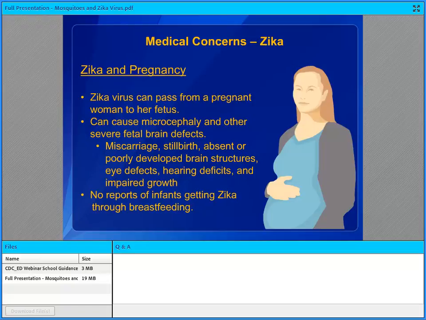Other ramifications of Zika during pregnancy are miscarriage, stillbirths, eye defects in children, as well as hearing defects and developmental and physical growth impairment. There are no reports, it's important to note, of Zika being passed through breast milk, and no child has been infected with Zika through breastfeeding.